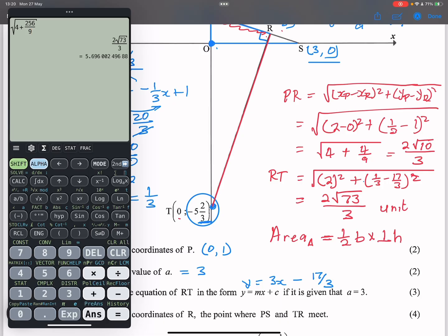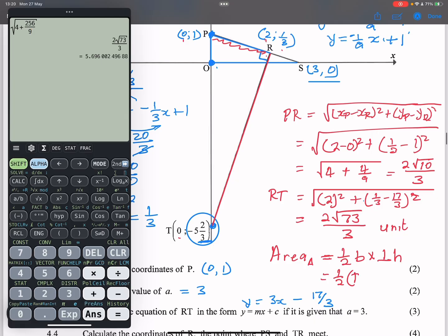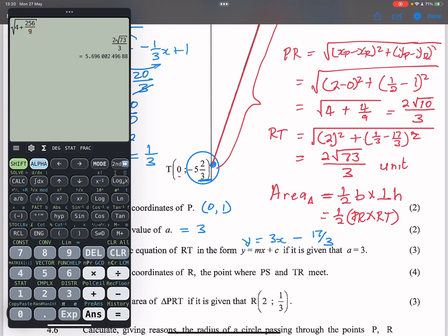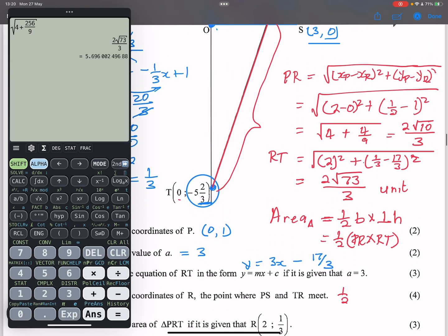Okay, so I'm going to say, well, our base in this case is PR, right? So that's half of PR multiplied by the perpendicular height would be RT. All right, now, ladies and gents, I don't have as much space here, so I'm just going to write it over there. So my PR value, right, we've got 2 square root of 10 over 3 multiplied by 2 root 73 over 3.